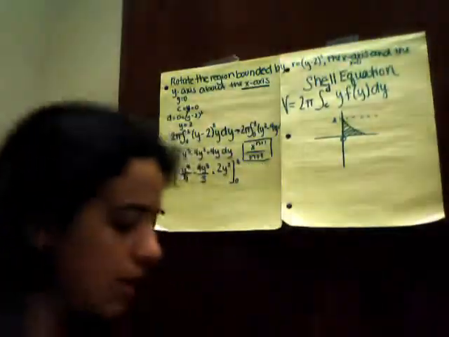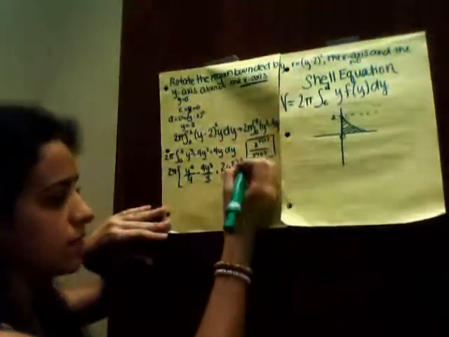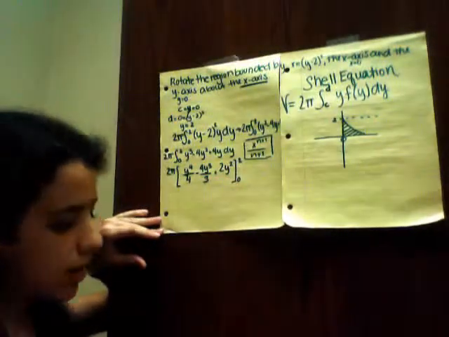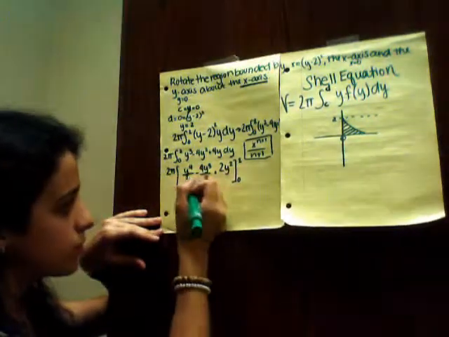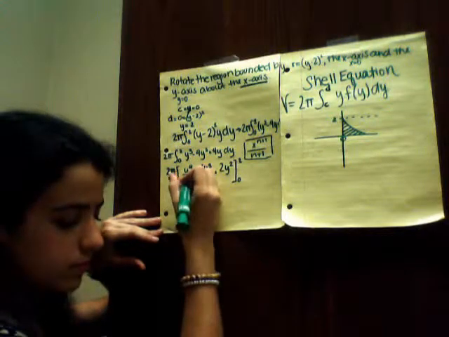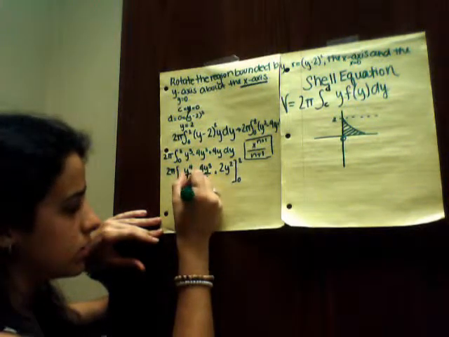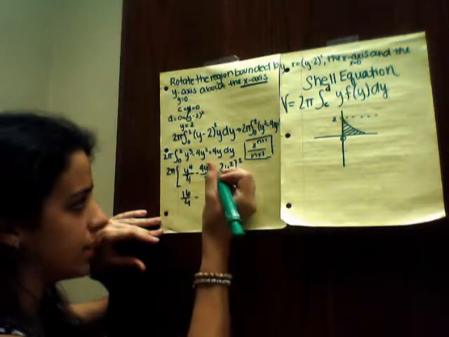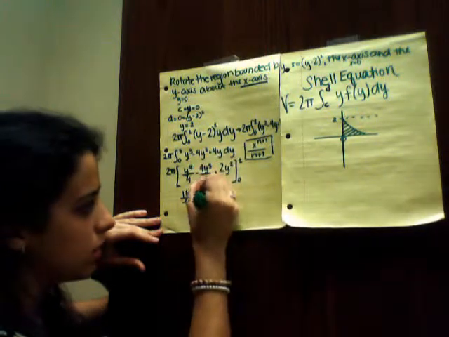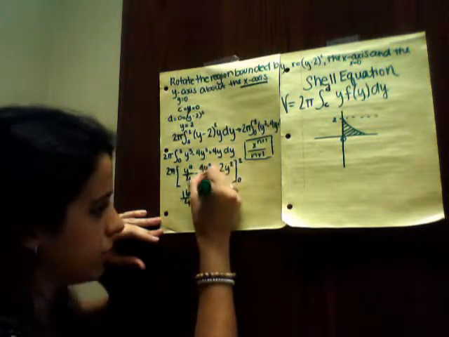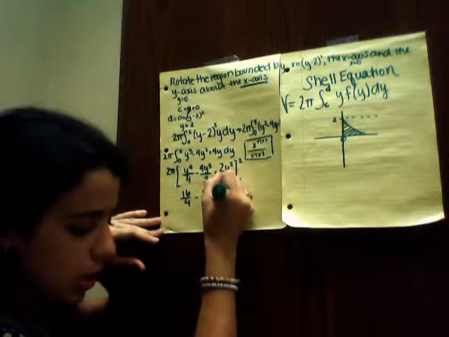Once we substitute these values into the equation, we are left with 16 over 4 minus 32 over 3 plus 8.